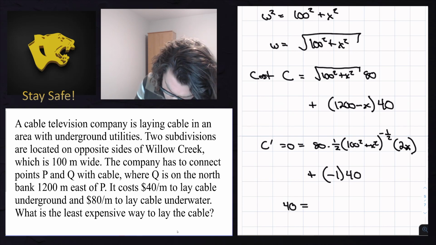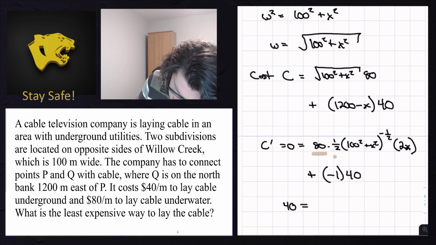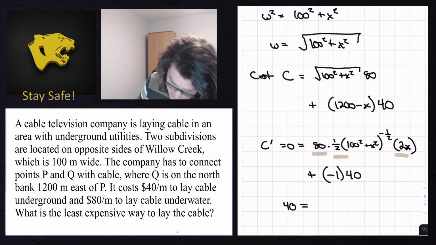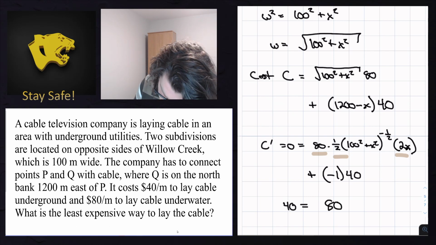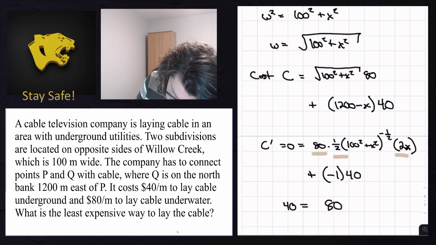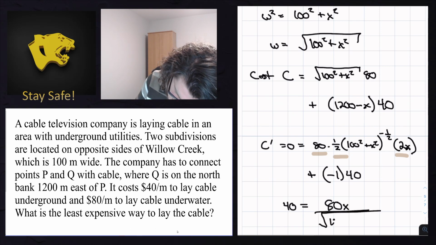And then I have the 80 times 1/2 is 40, times 2 again is 80. So we get 80, and then up top is going to be X over the square root of 100 squared plus X squared.